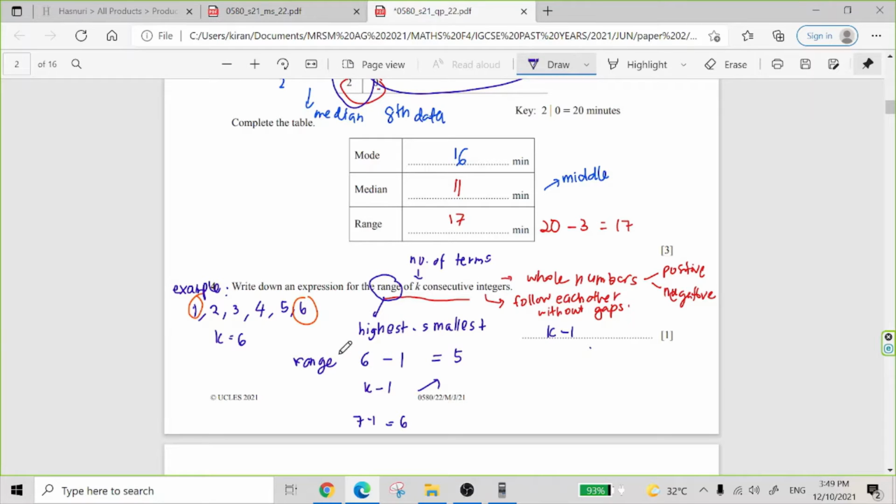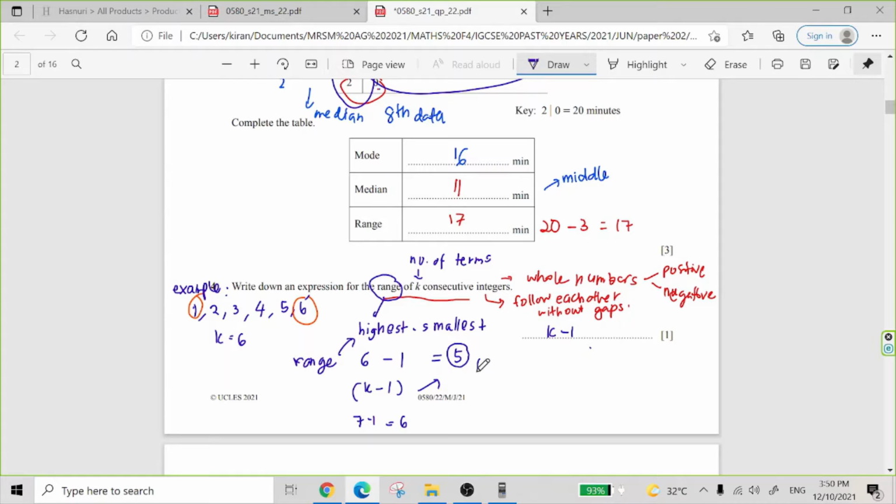To find the range, it is the highest value minus the smallest value. So we take the highest value here, which is 6, minus the lowest value, which is 1, and then we get 5. As you can see, 5 is the number of terms, which is 6, minus 1. So this is the expression.